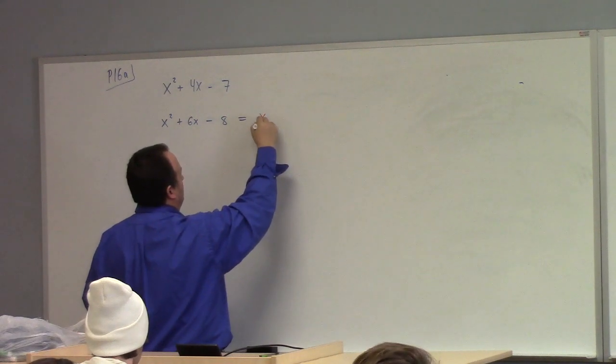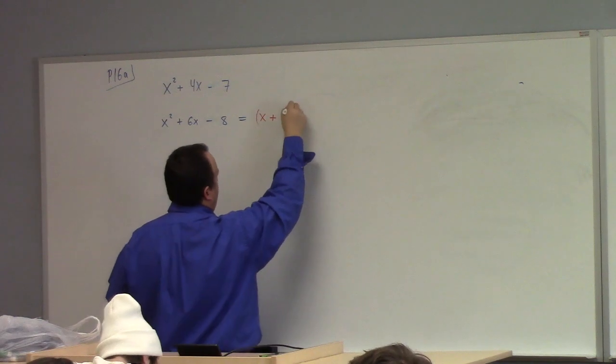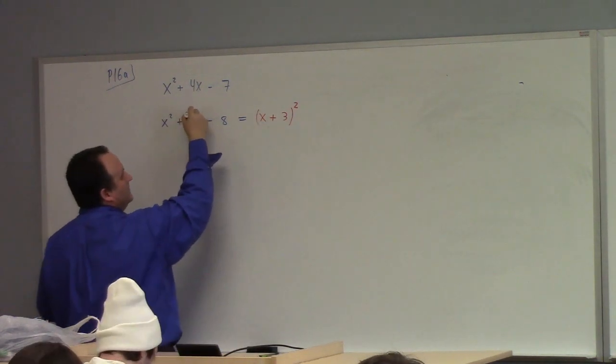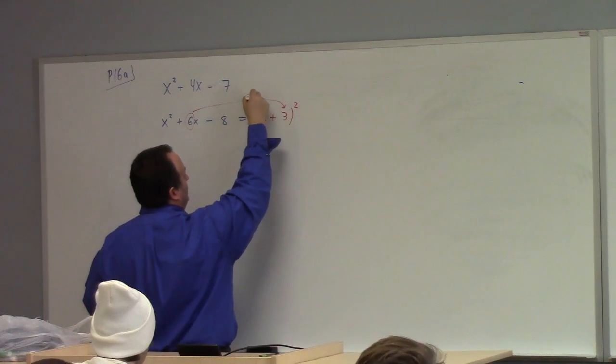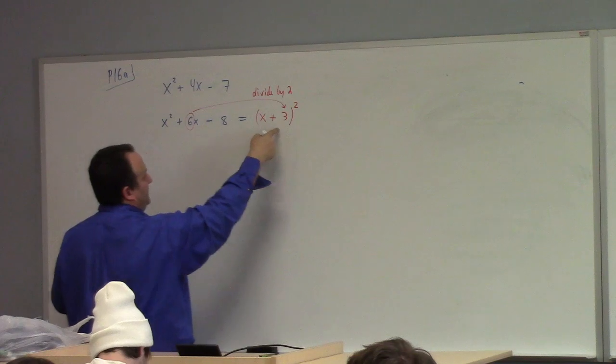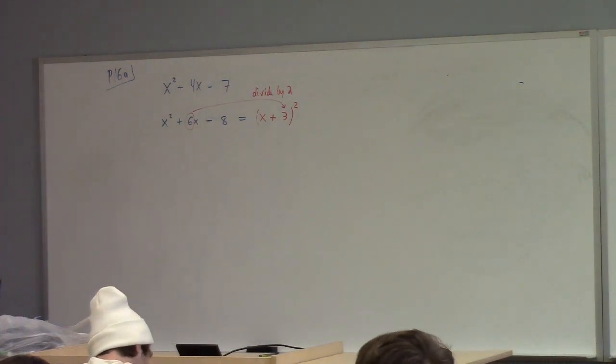So what's 6 over 2? So we do x plus 3, we square that, right? We take this number here and divide by 2. Put that there. And then, to be fair, we have to subtract, what is it?